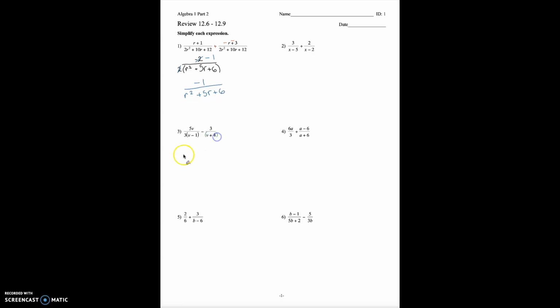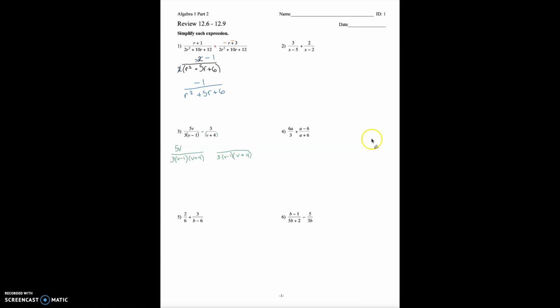So my common denominator is going to be 3 times v minus 1 times v plus 4. And I'll write that again here. 3 times v minus 1 times that v plus 4. The numerator was 5v for that first fraction.